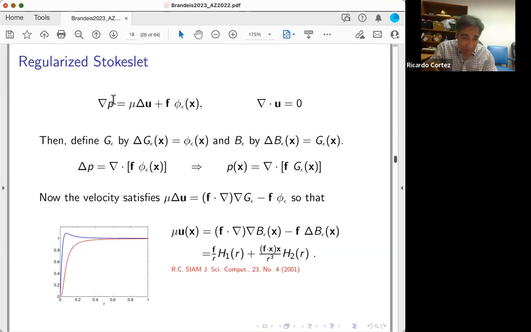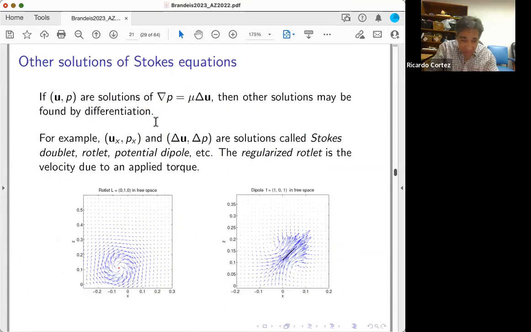So the derivatives, the curl of these P and U, will become the pressure and the velocity corresponding to an applied torque rather than an applied force. So for instance, those are these guys. Here's the Rotlet, which is the solution for a torque. This is a potential dipole, which is the Laplacian of the Stokeslets.